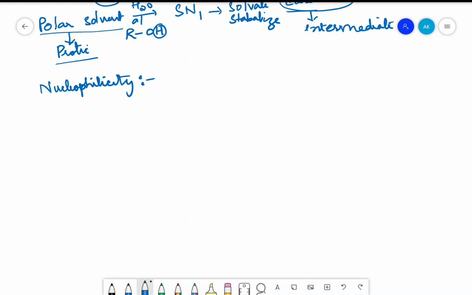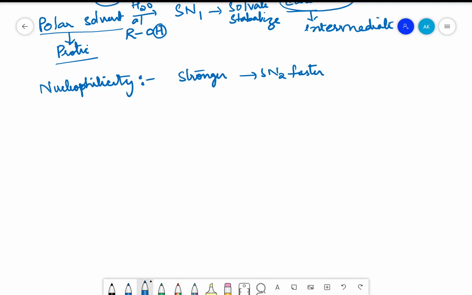So the relative nucleophilic strength of the incoming nucleophile will affect the rate of SN2 reaction, with a stronger nucleophile reacting faster. So if the nucleophile is stronger, the rate of SN2 reaction is faster. The rate of SN2 reaction increases with the nucleophilic strength of the incoming nucleophile.